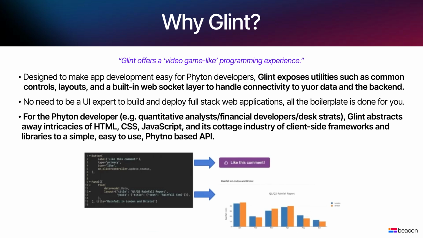There's therefore no need to be a UI expert to build and deploy full-stack web applications, thus amplifying the return on your R&D investments. A developer simply imports the components they need into their layout, configures the customizable attributes, such as the formatting you saw, or even passing in that data, and then by binding that component's value to the data, everything works as expected.